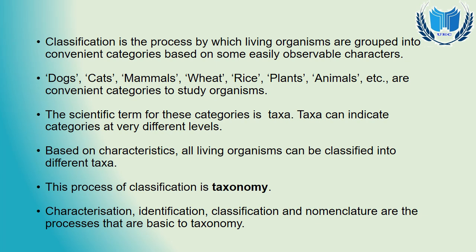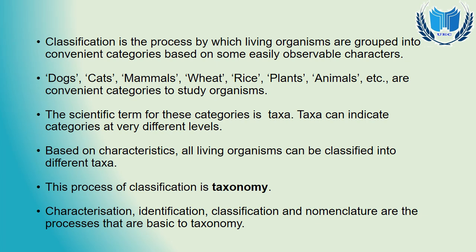Likewise, here also, as we had seen, there are thousands and thousands of plants and animals present in the world. So how to study them? So the scientists have developed a classification. What is the classification?